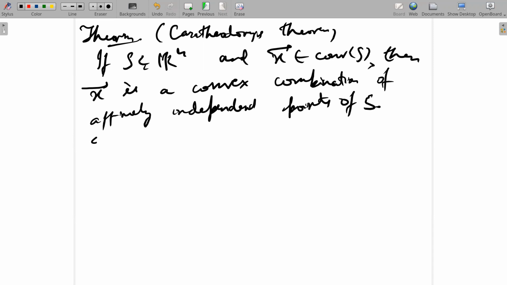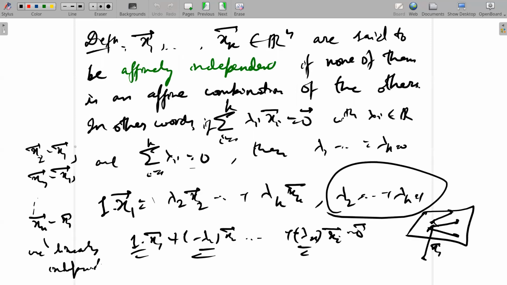In particular, since the dimension is n, there cannot be more than n plus 1 affinely independent points, right? Here we saw, if I take these differences in Rn, if I had k elements, I have k minus 1 of these vectors. And since the dimension is n, k minus 1 has to be less than or equal to n, which means k has to be less than or equal to n plus 1.